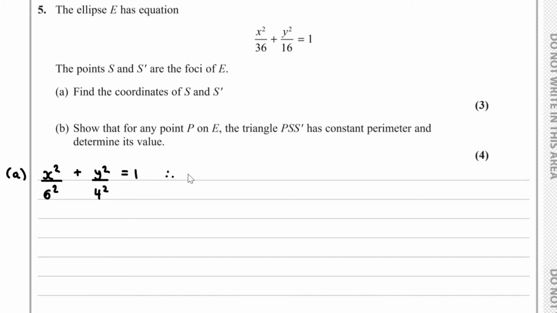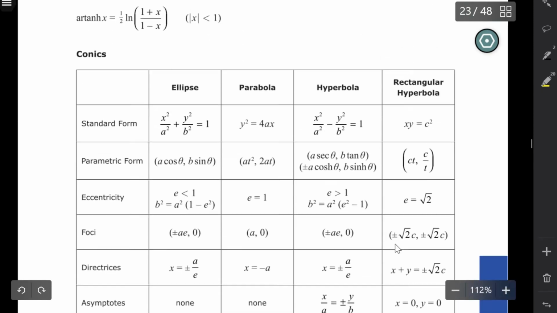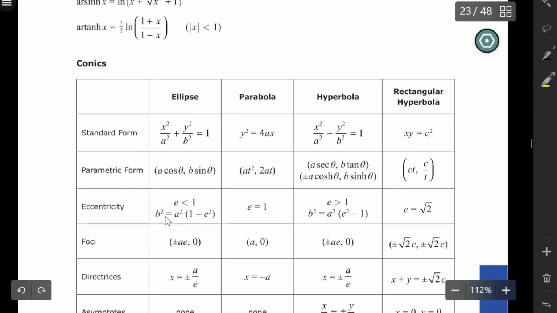The reason we can do that is because now we can see that a is equal to 6 and b is equal to 4. And if we go to the formula book, under the conic section for an ellipse, we've got the foci given by plus minus ae, 0, and the eccentricity given by b squared equals a squared lots of 1 minus e squared can be used to find the value of e, which will allow us to find the foci.